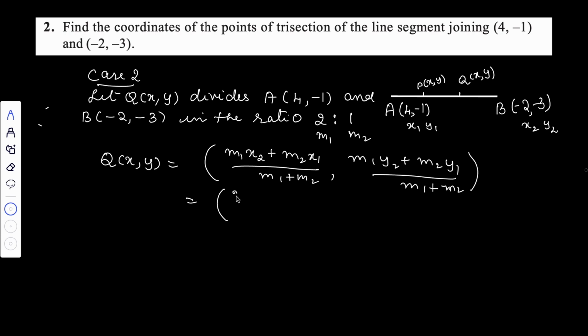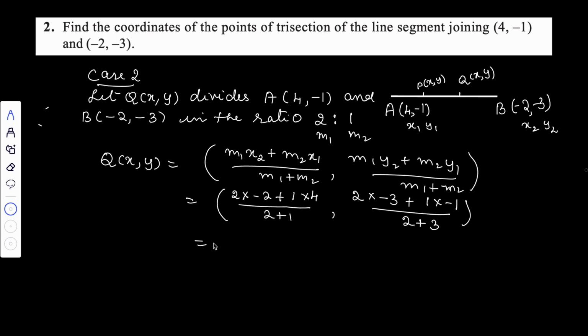Here m1 is 2 into x2, -2, m2 is 1 into x1, which is 4, divided by 2 plus 1. Again 2 into y2, which is -3, plus m2 is 1 into y1, which is -1, divided by 2 plus 1, and that is equal to (-4 plus 4) divided by 3, and here (-6 minus 1) divided by, sorry I wrote 3 there, it should be 1, divided by 3.